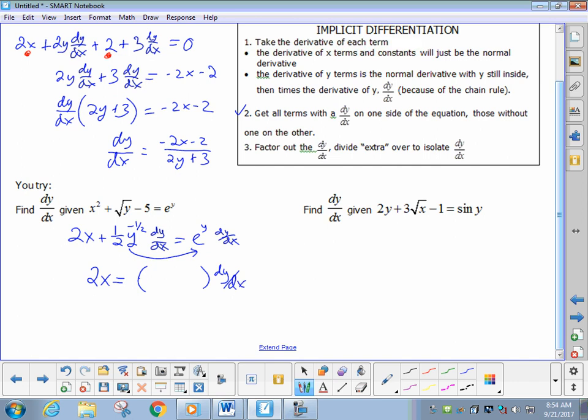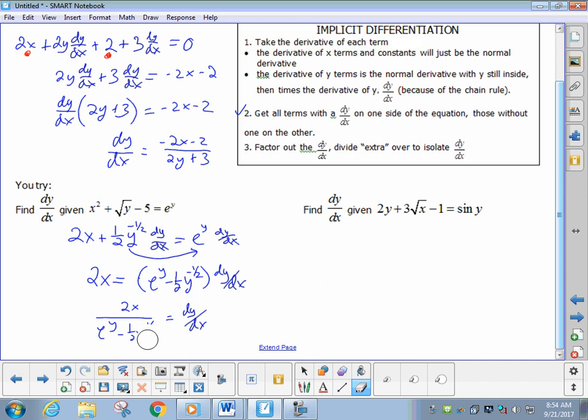So if you had jumped straight to e to the y minus 1/2 y to the negative 1/2, I'm okay with that. Although if you did it in 2 steps, that's fine too. dy/dx then is 2x over e to the y minus 1/2 y to the negative 1/2.